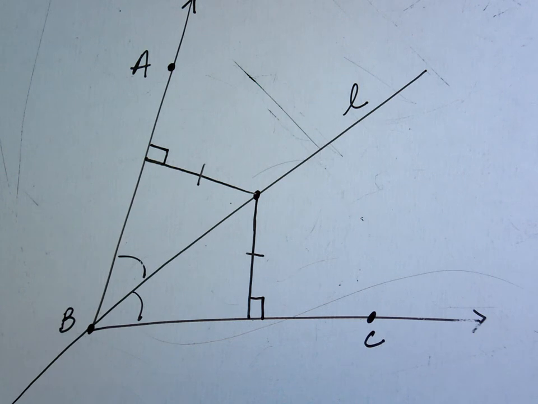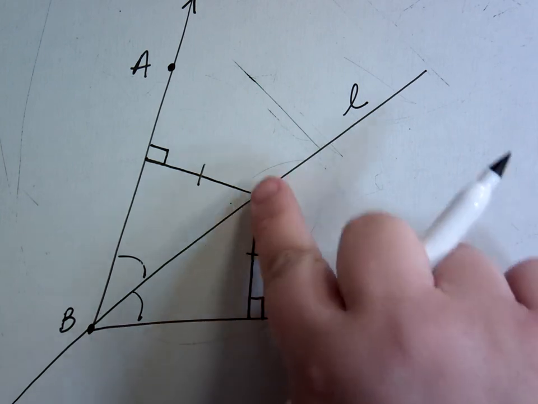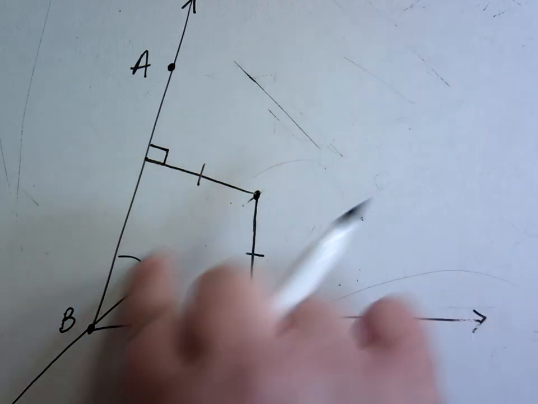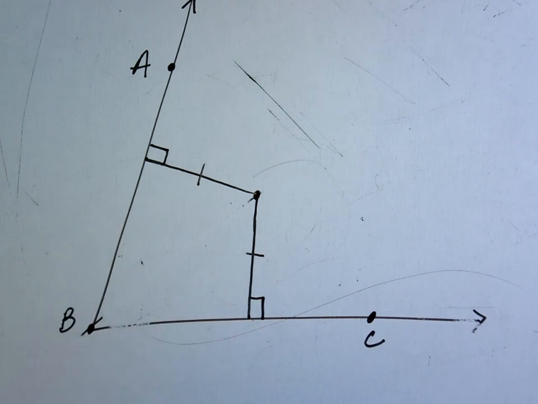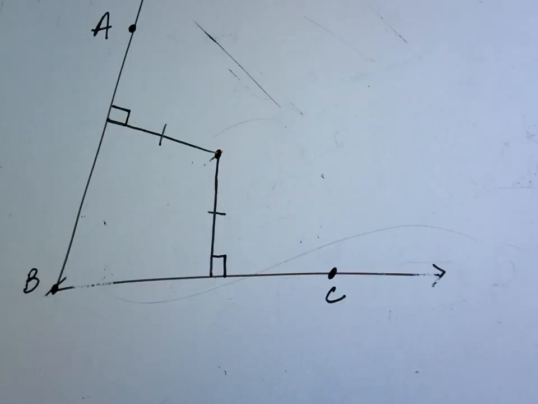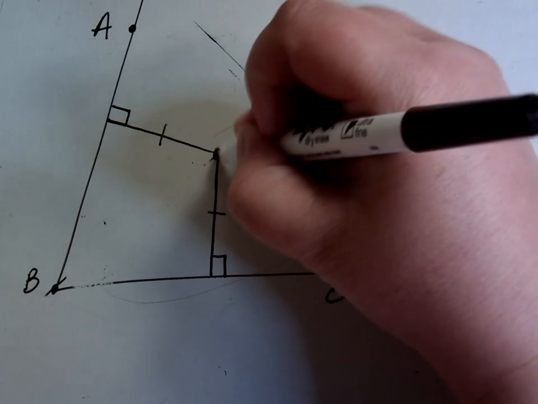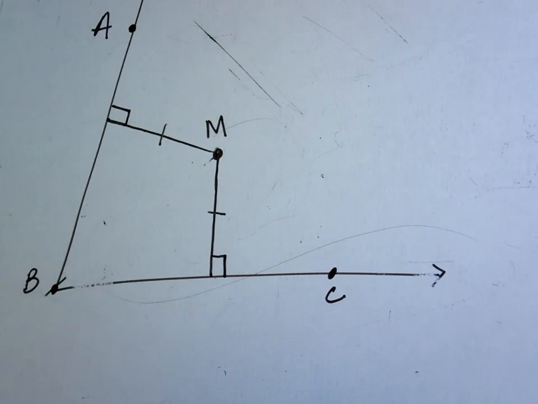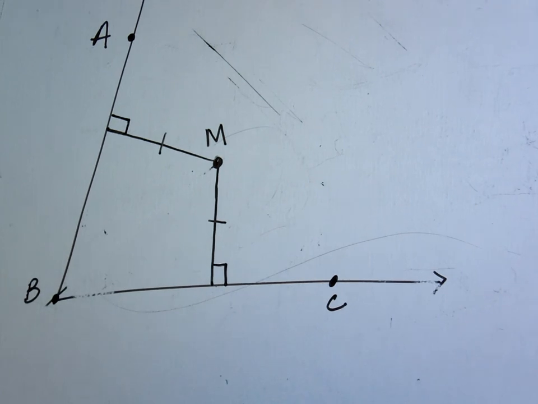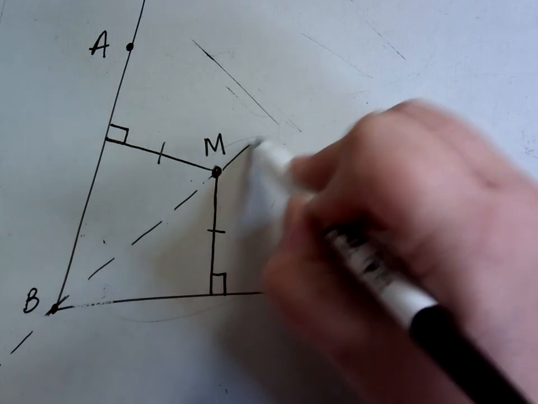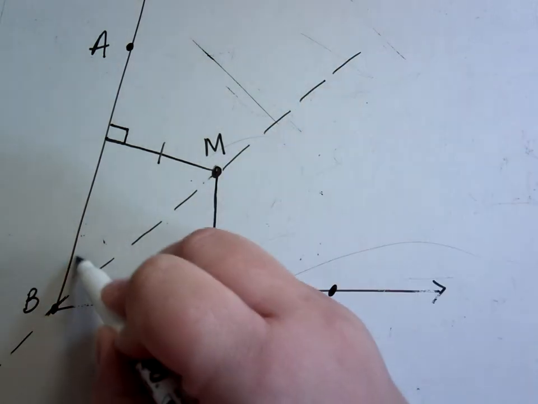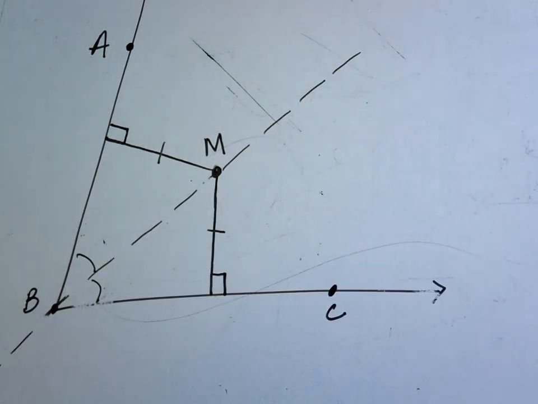Says, if you know that a randomly existing point in the interior of an angle, like say my little friend here, point M, is equidistant from the two sides of the angle, then it must lie on, you guessed it, the angle bisector of the angle. And that's what the angle bisector theorem converse says.